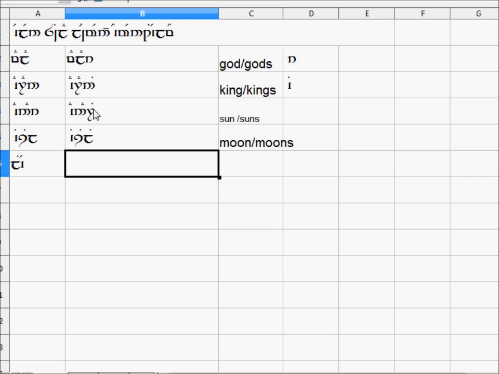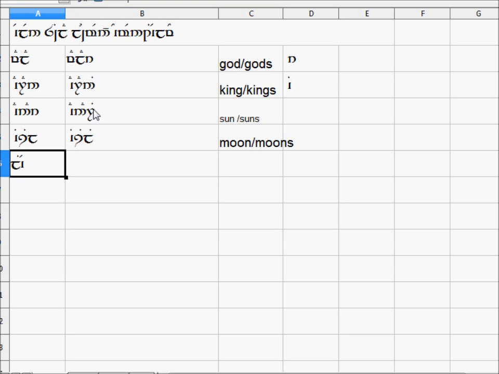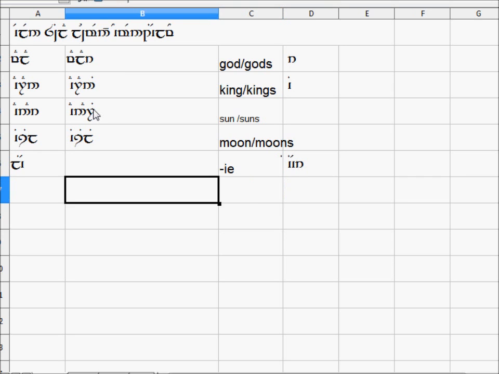And there's actually not a great difference. And the only exception of this rule is the ending ear. When there's an ending ear, we change that for ear. And that's pretty much it.